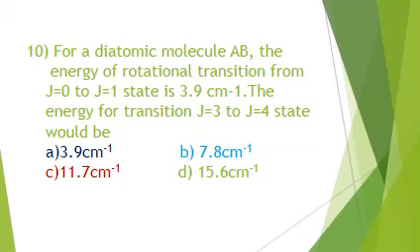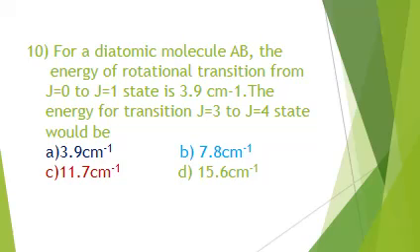For a diatomic molecule AB, the energy of the rotational transition from J equal to 0 to J equal to 1 state is 3.9 cm^-1. The energy for the transition J equal to 3 to J equal to 4 state would be: A 3.9 cm^-1, B 7.8 cm^-1, C 11.7 cm^-1, D 15.6 cm^-1.